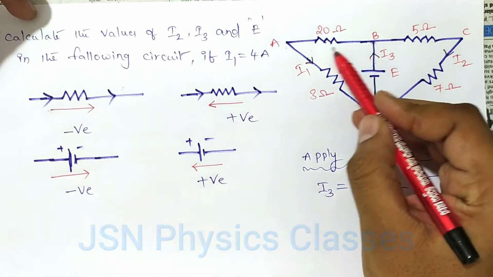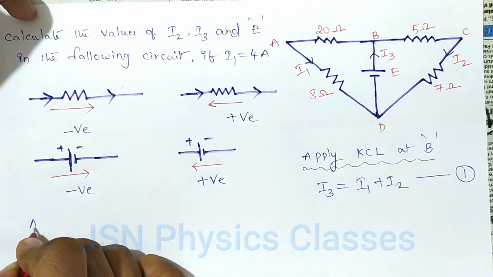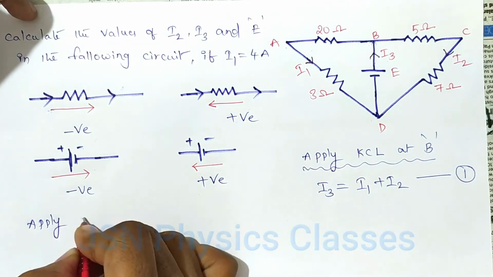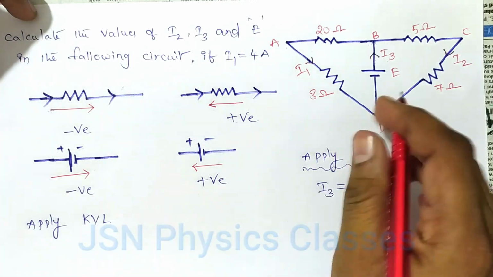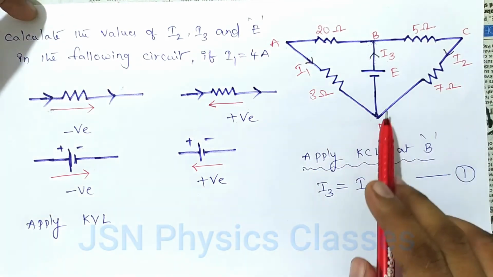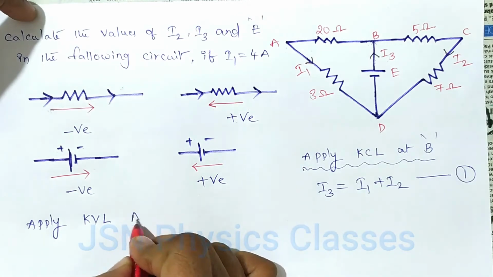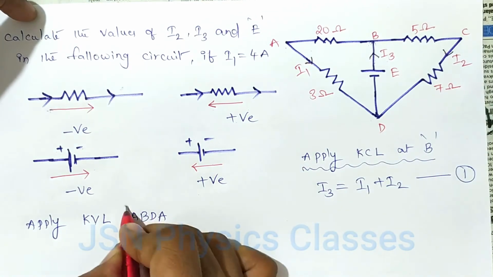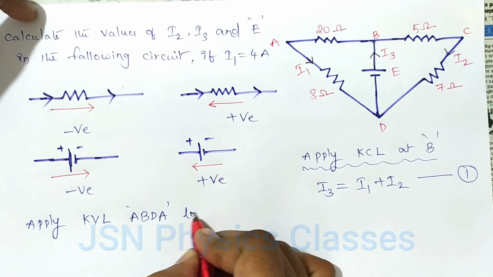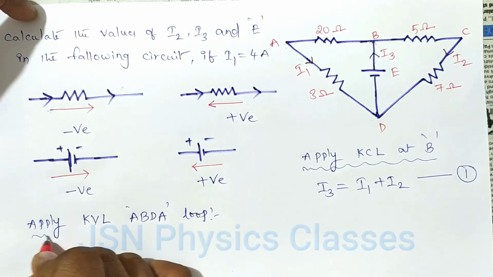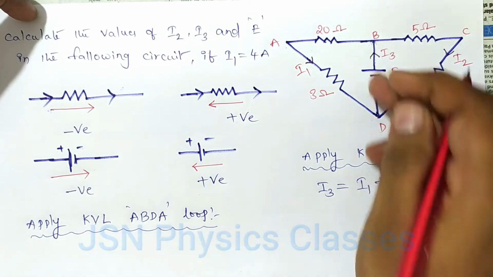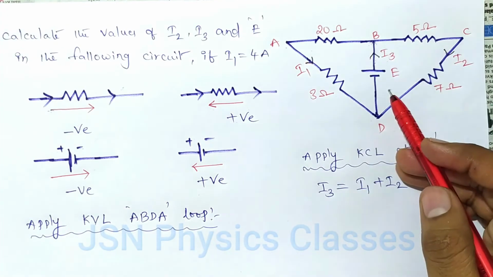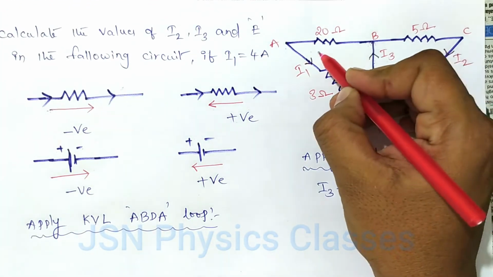Now apply KVL for the loop A, B, D, A. This is the loop direction.